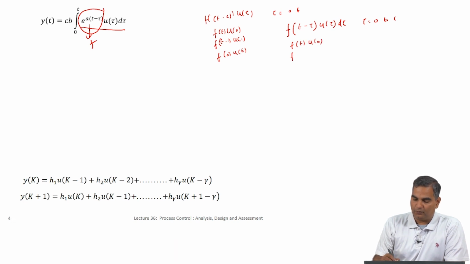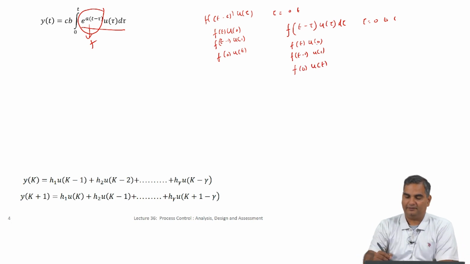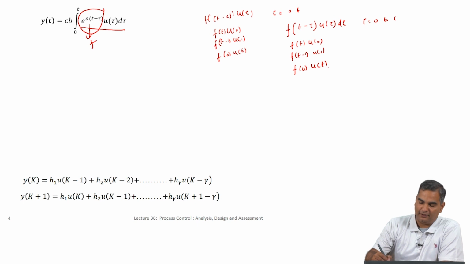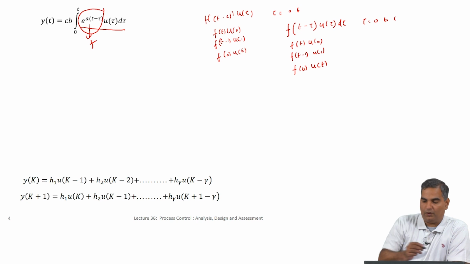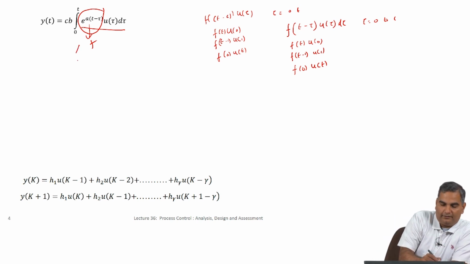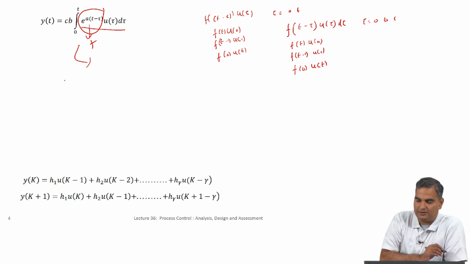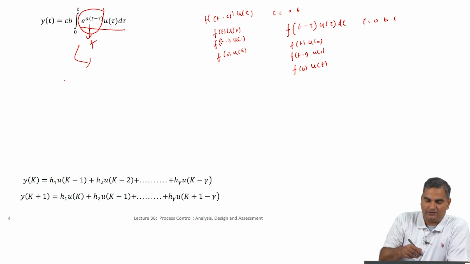If I take tau equal to 1, I get f(t minus 1) u(1), and if I take tau equal to t, I get f(0) u(t). So, as tau keeps increasing, the argument of f keeps going down. If you think of this as a simple sum, you might think of it as an approximation, but by appropriately choosing this f, which is a slightly modified version of this, we will get an exact expression, but we will not worry about that right now.